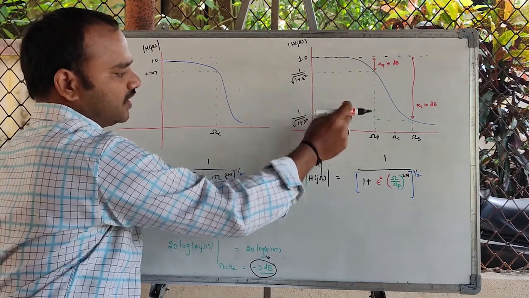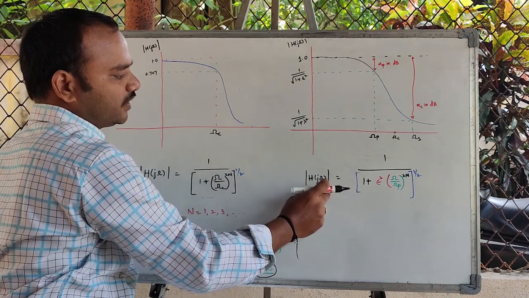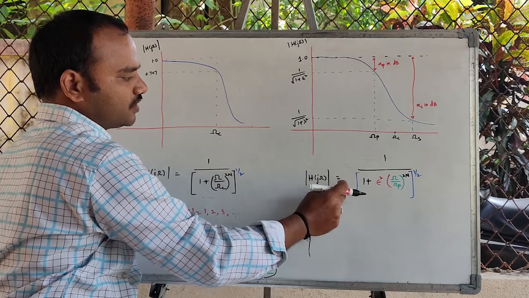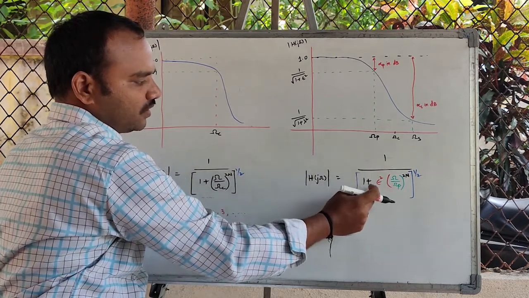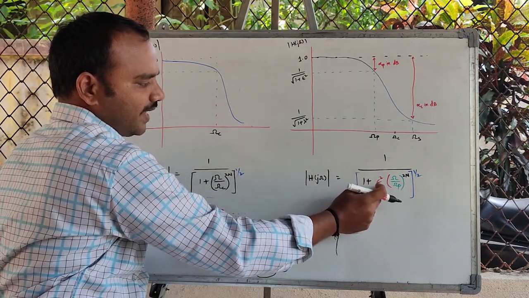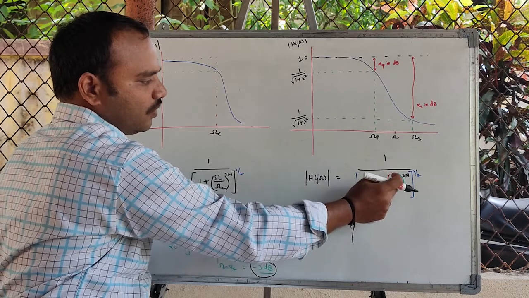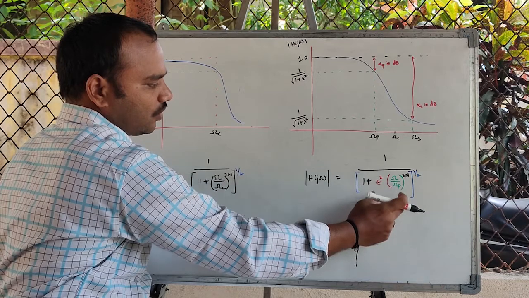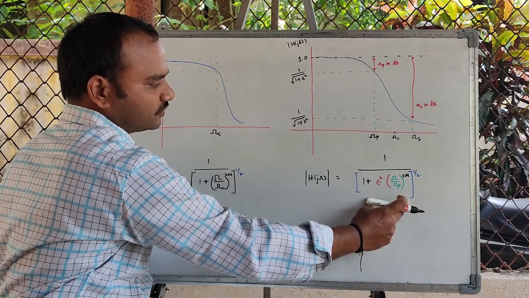Now for this, the transfer function or magnitude function is magnitude of H of j omega is equal to 1 by [1 plus epsilon square (omega by omega p) to the power of 2n] whole to the power of half.